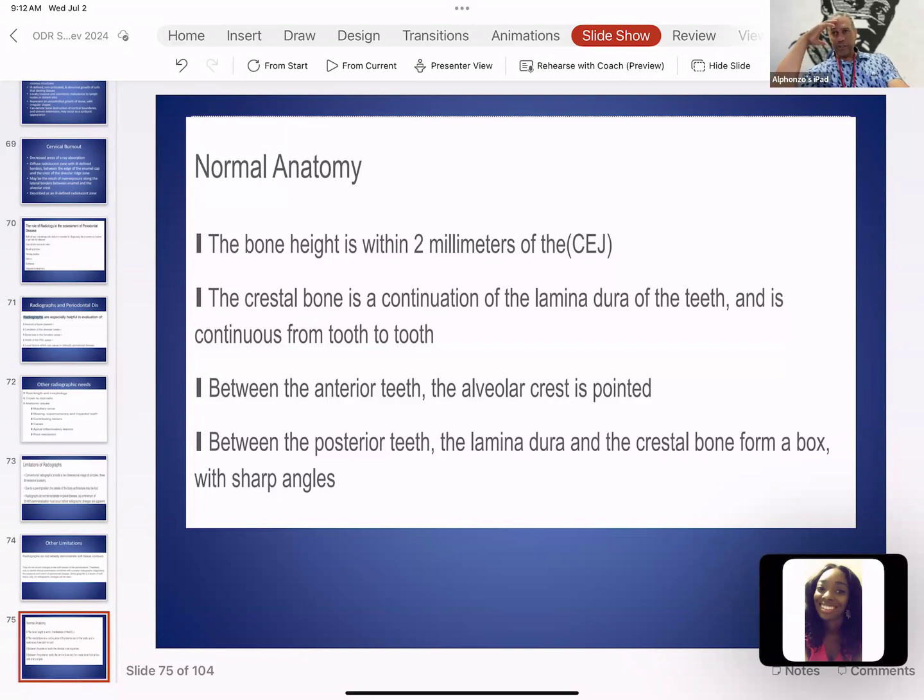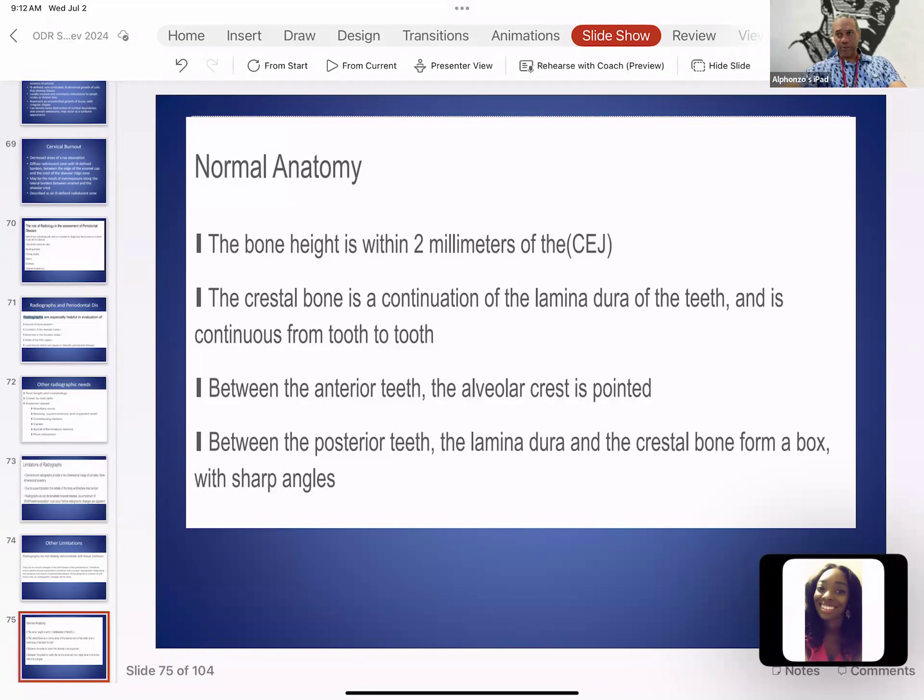The crest of bone is a continuation of the lamina dura of the teeth and is continuous from tooth to tooth. Between the anterior teeth, the alveolar crest is pointed in a normal, healthy mouth. As you get older, those little pointed areas deteriorate. So sometimes you can even age a patient by looking at some of these radiographs.